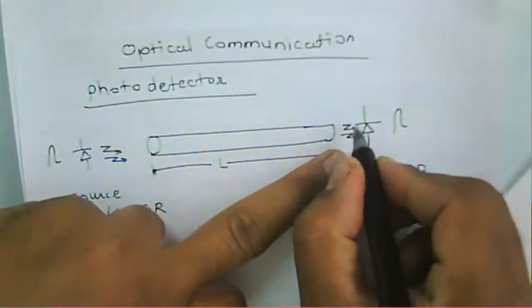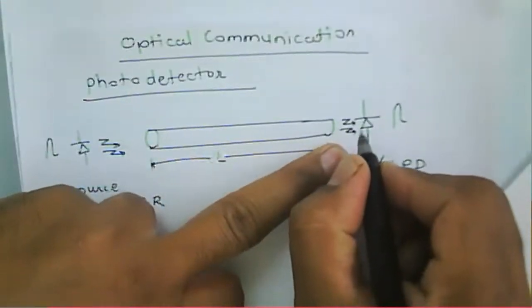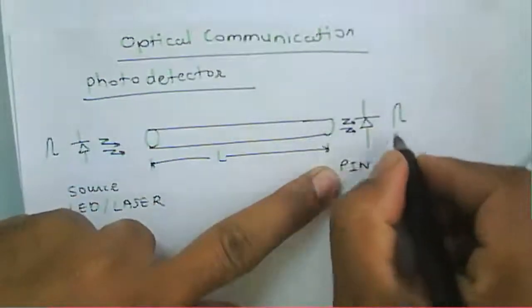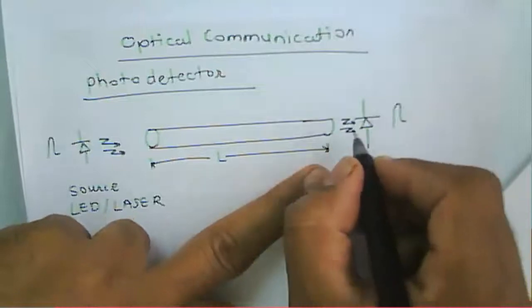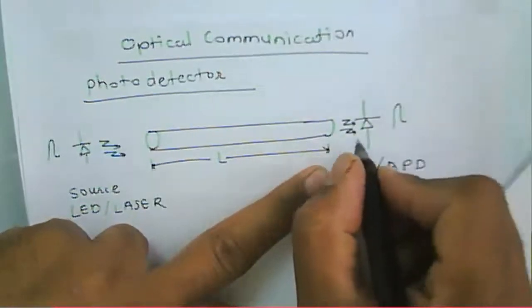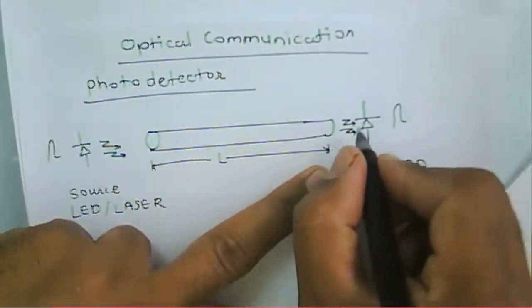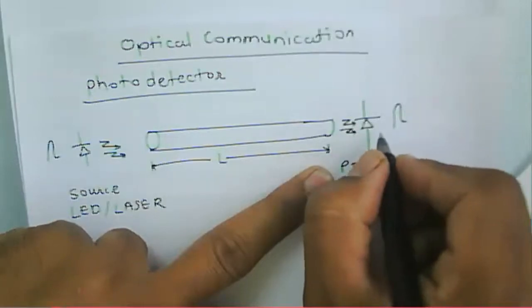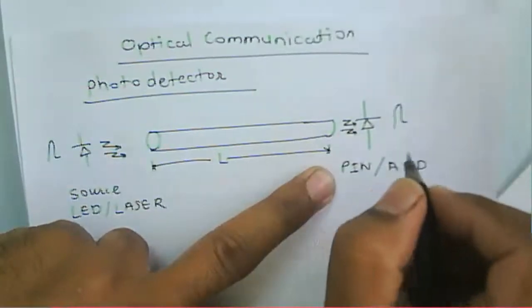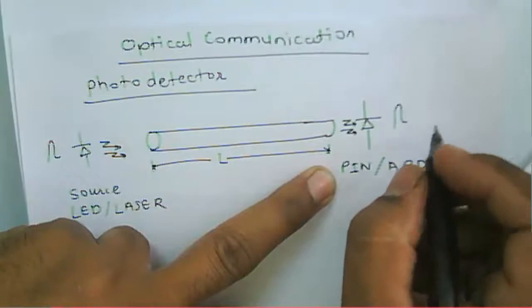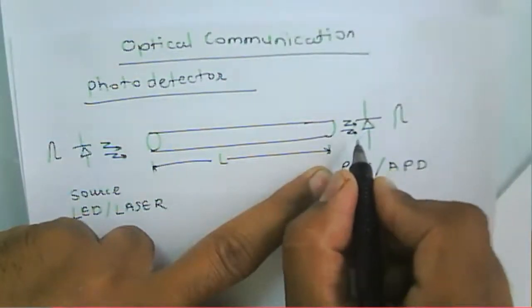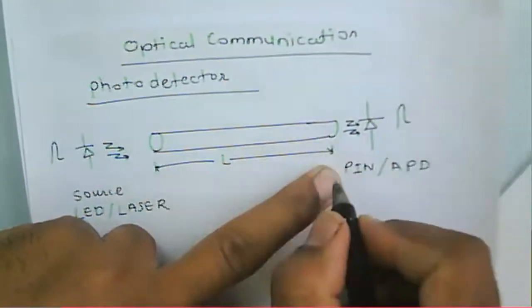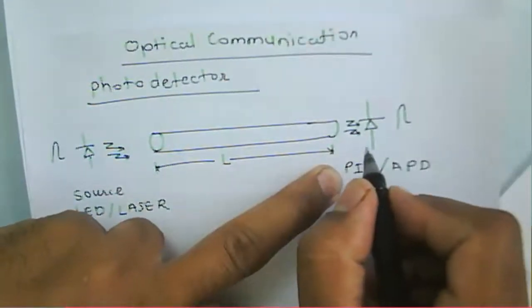So our aim is, the role of a detector is that a small intensity of a light signal can be converted into electrical energy. So the detector detects a very low level of light.